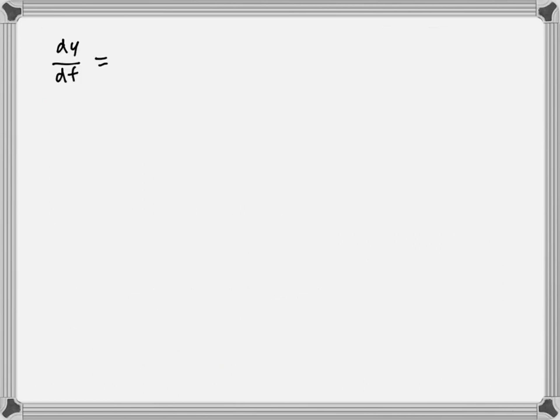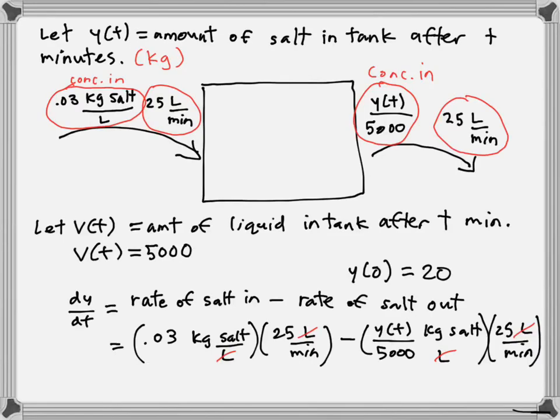So it's going to be 0.75 minus, and if we look here, y of t times 25 over 5,000. So if you reduce that, that is actually 200. If that's a 1, and this is a 200, it just becomes y over 200.